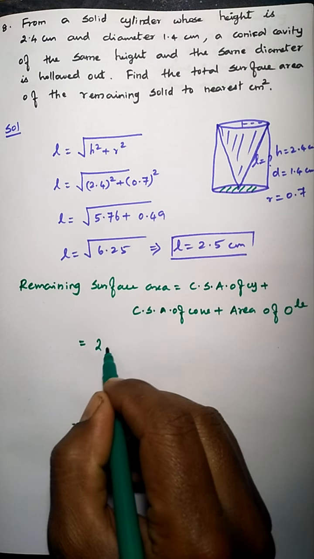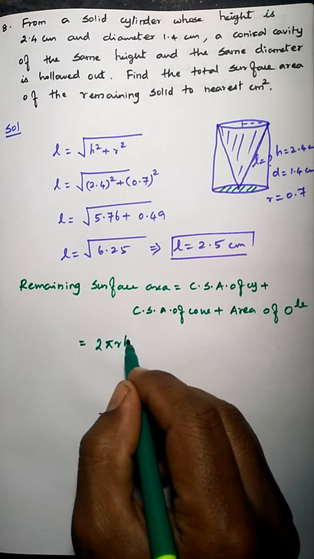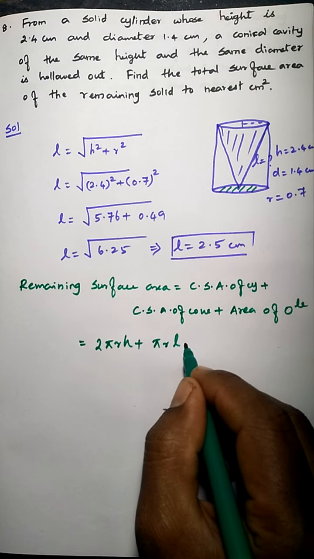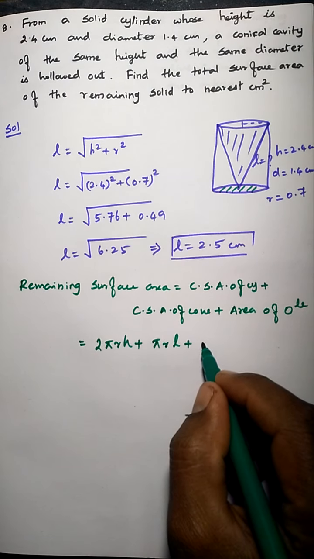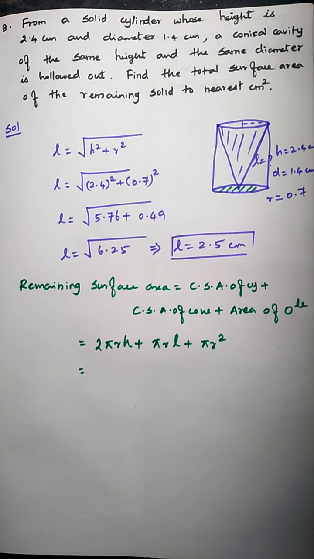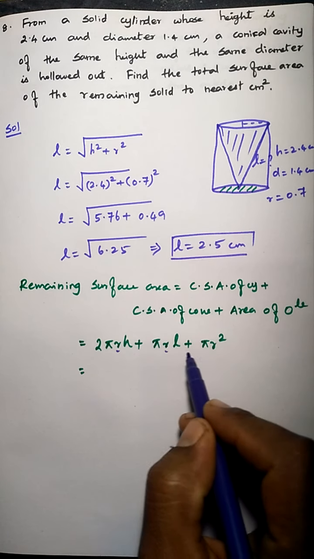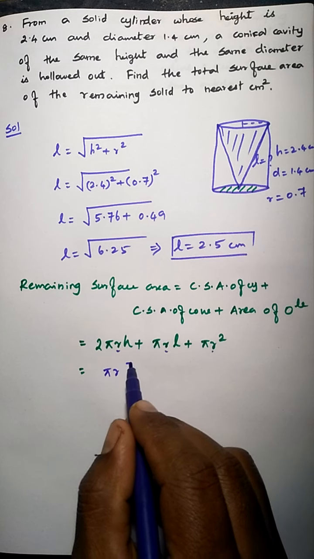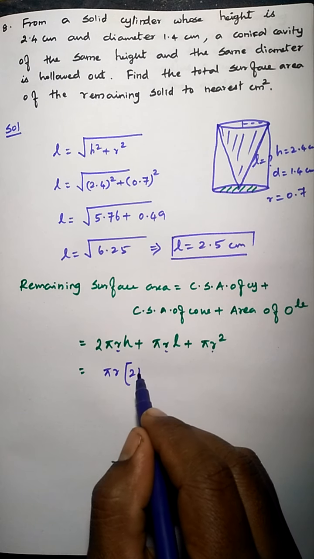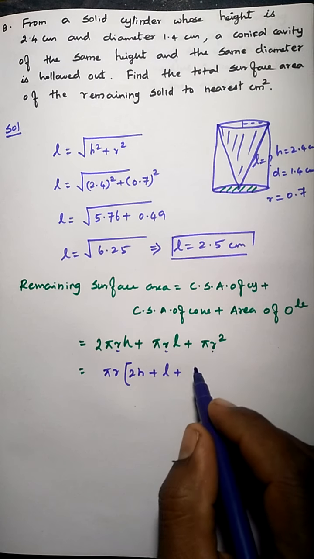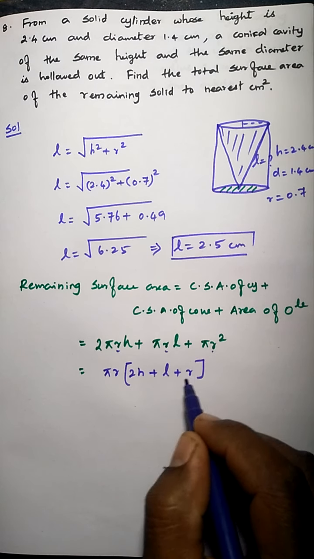So we have to apply all these three formulas. Curved surface area of cylinder is 2 pi r h, curved surface area of cone is pi r l, plus area of circle is pi r square. Radius is the same, so we can take pi and r common outside. Then we have 2h plus l plus r.